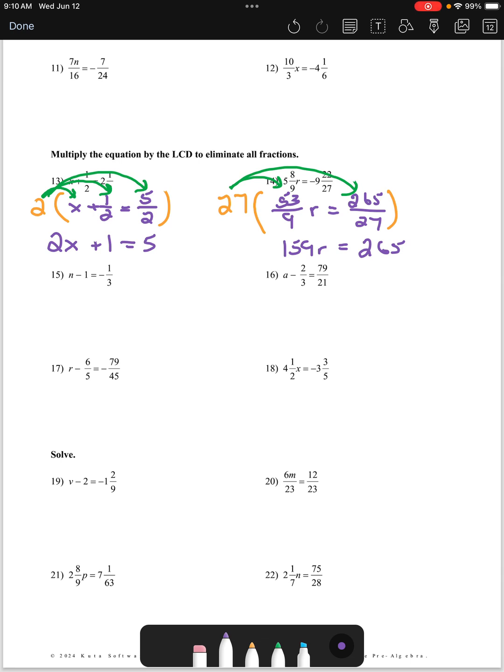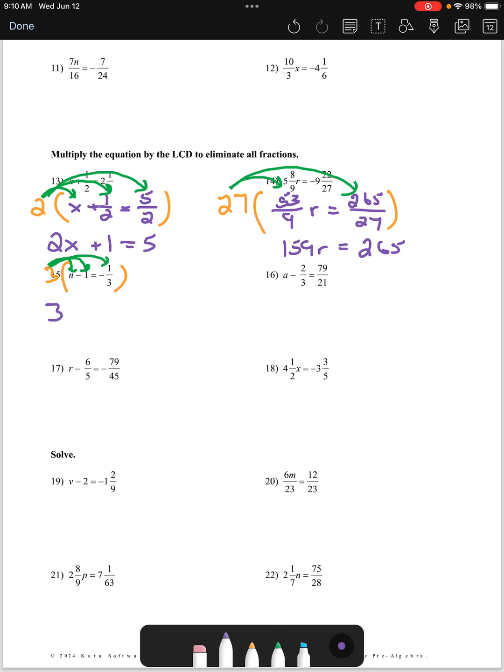In number 15, there's actually no conversions we need to do because there's only one fraction. So we can just straight away say, okay, I'm going to multiply this entire thing by the denominator of the fraction, which is 3. We have to give that 3 to all the pieces inside.